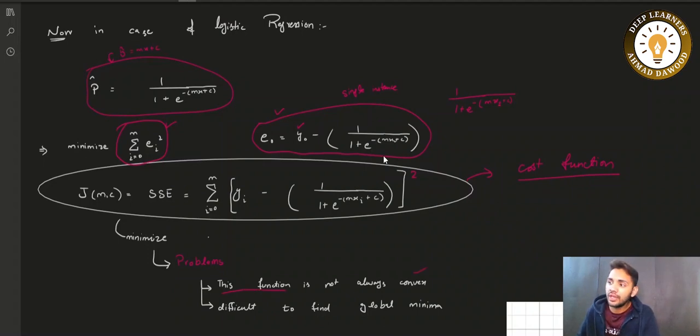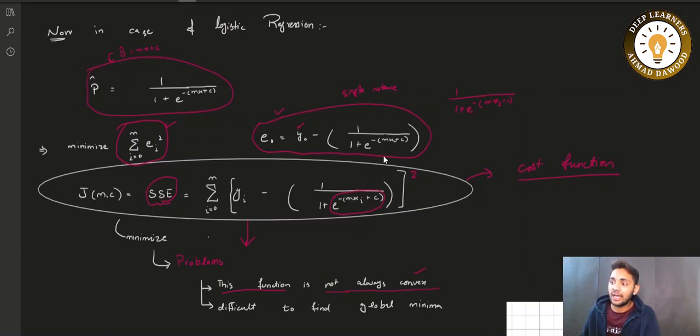The equation of SSE becomes different because e raised to some power is involved; some logistic function is involved in the SSE. So this function, particularly, is not always convex.